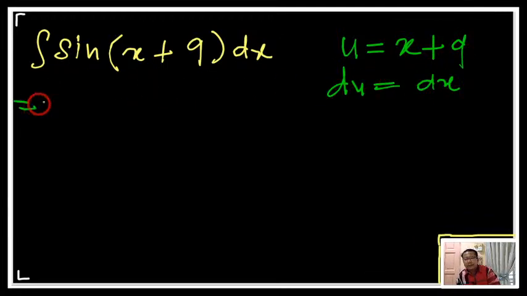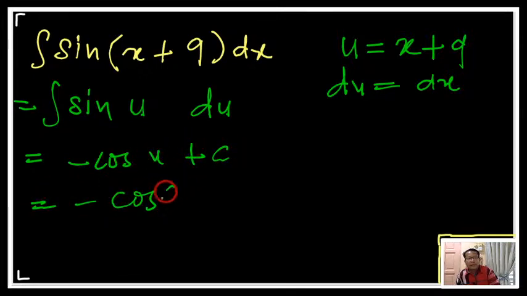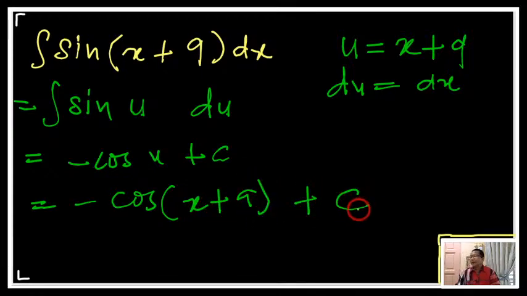So this one is equal to sin u. du is dx, like this. So you get minus cos u plus c. This one is minus cos of x plus 9, plus c.